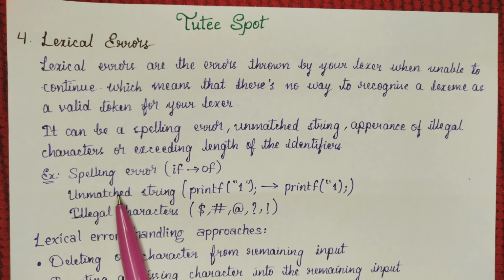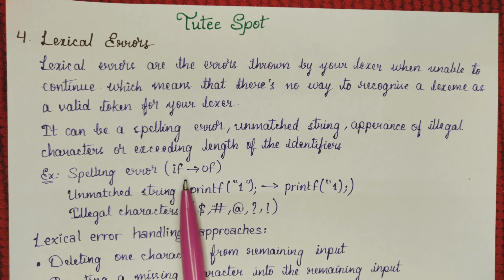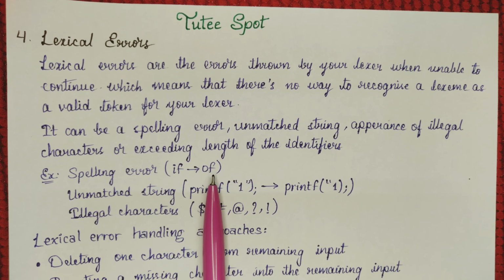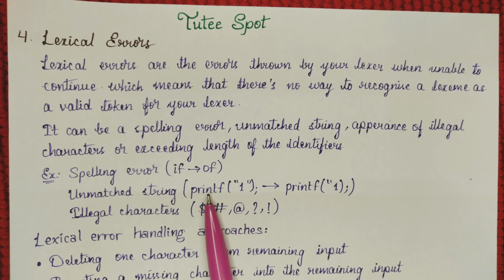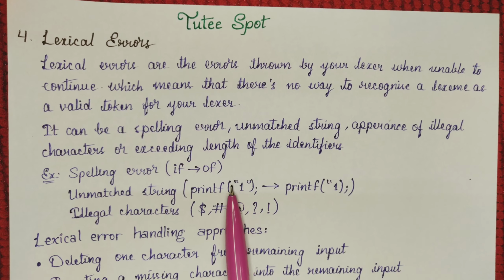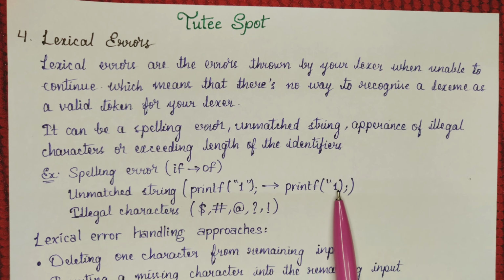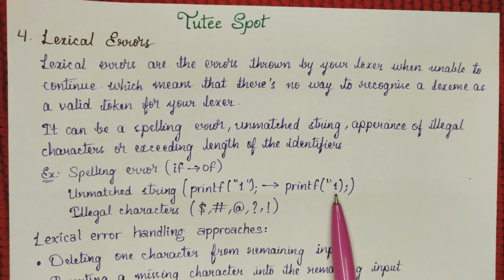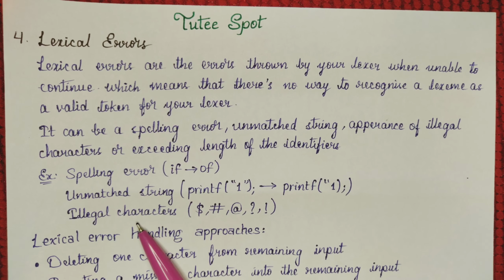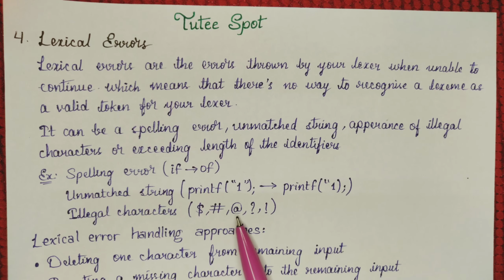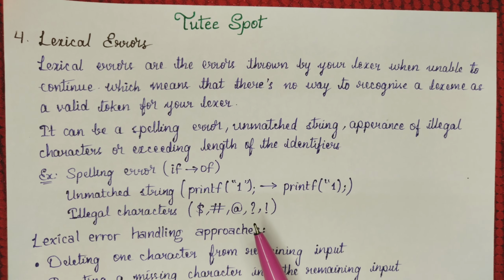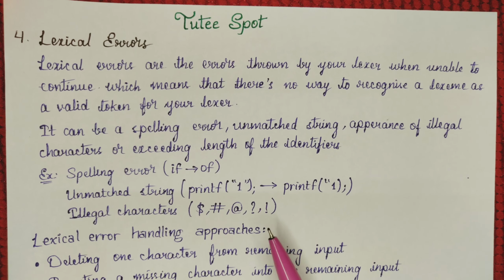For example, if there is a spelling mistake like if written as of, then the error occurs. For an unmatched string like printf, the string has to be written within quotations, but here a quotation is missing, so the string is unmatched. Or insertion of illegal characters like unwanted operators or anything like hash, @, question mark or any symbol will also result in lexical errors.